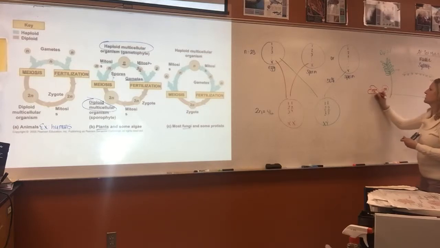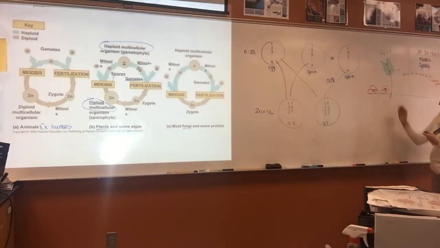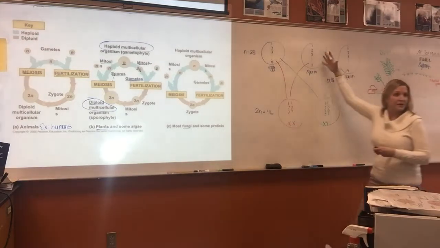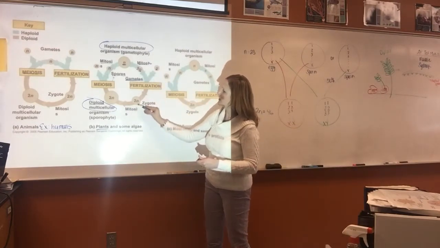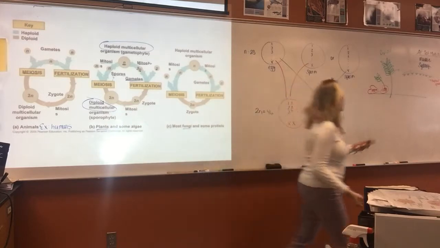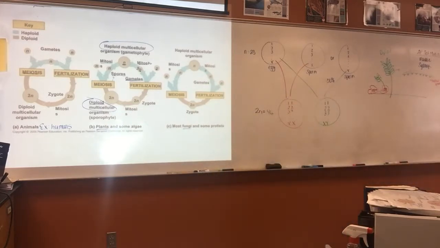So the sperm is N, the egg is N. When the sperm fertilizes the egg, you get a 2N zygote, and then it starts dividing by mitosis, and you get a new fern plant growing up there. Your fern plant is diploid.